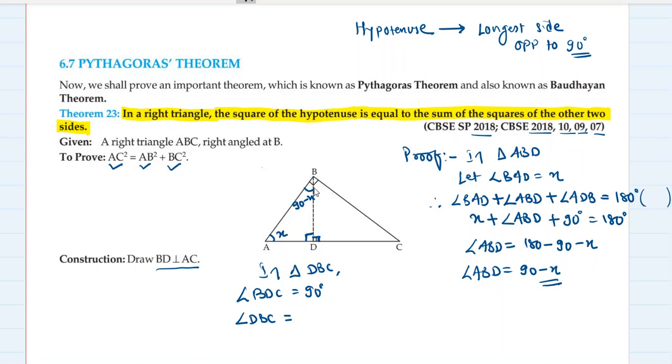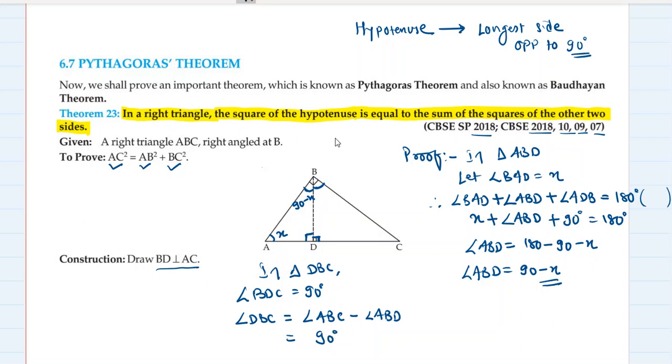I'm talking about this angle. Angle DBC is equal to angle ABC minus angle ABD. From the whole angle ABC, if you subtract this small part, angle ABD, you will get angle DBC. Do you know how much is angle ABC? Angle ABC is 90 degree. Why?